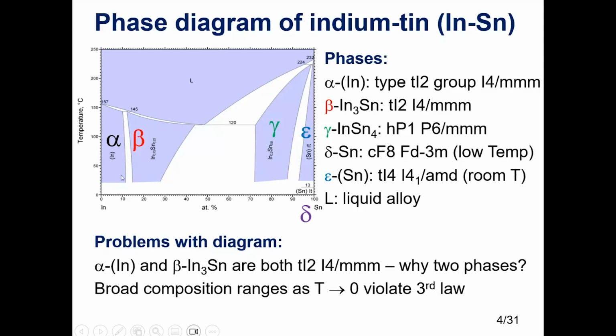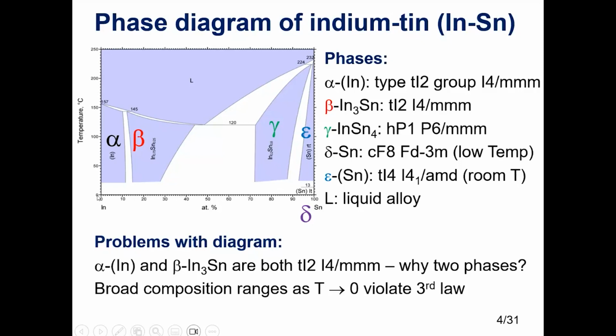But these broad composition ranges, alpha and gamma in particular, seem to be going to low temperature. They seem to persist to very low temperatures. So that would violate the third law. On the other hand, this phase diagram stops at 0 degrees centigrade.